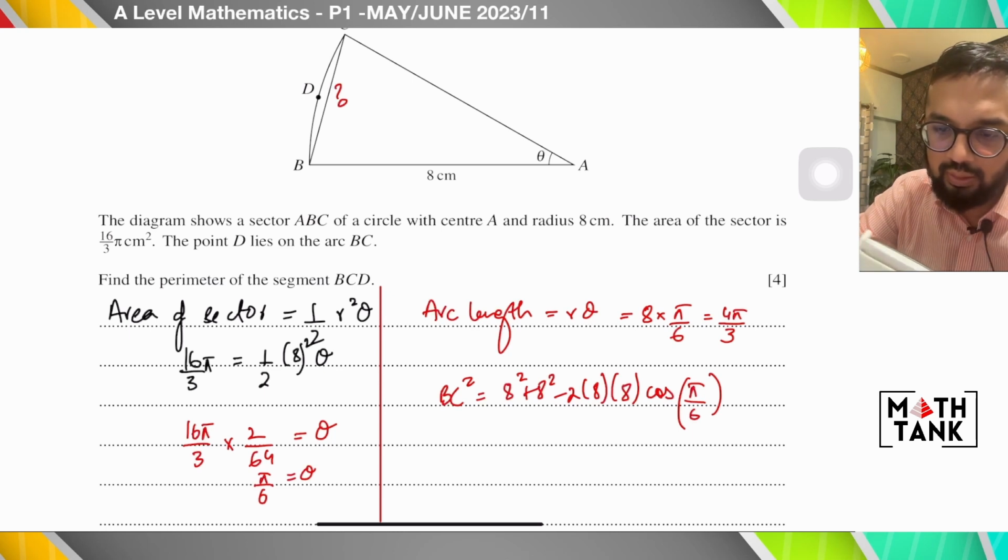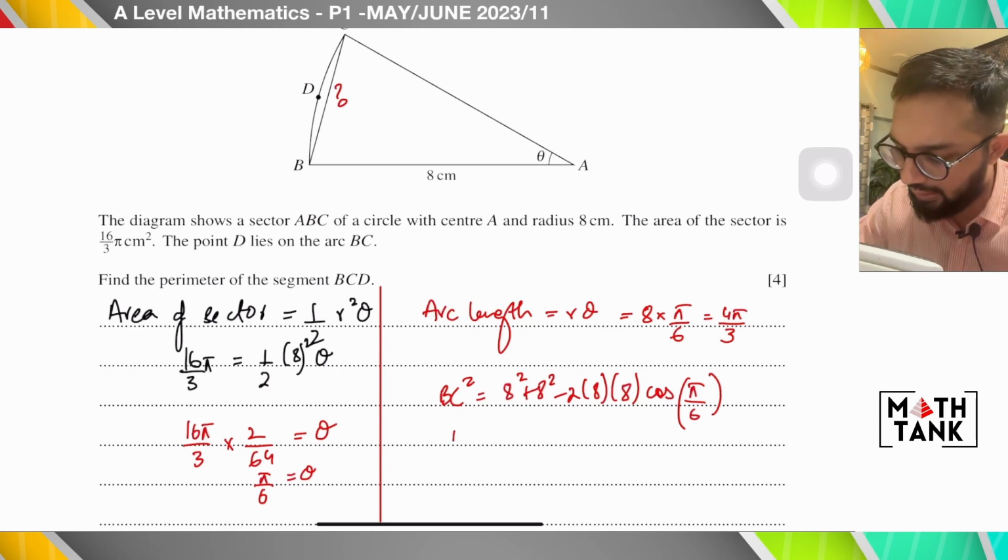So 8 squared plus 8 squared minus 2 into 8 into 8 into cos of pi over 6 in this case. I am getting root of answer, BC as 4.14.